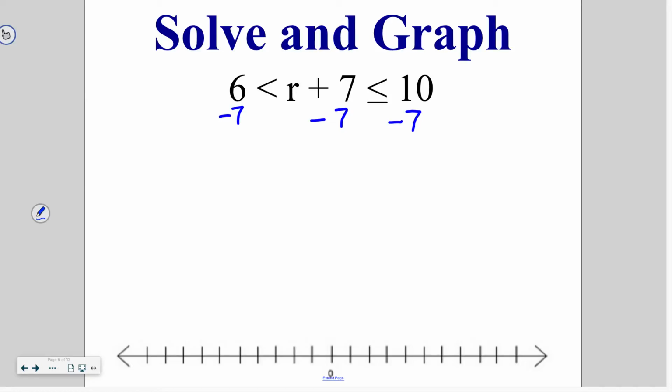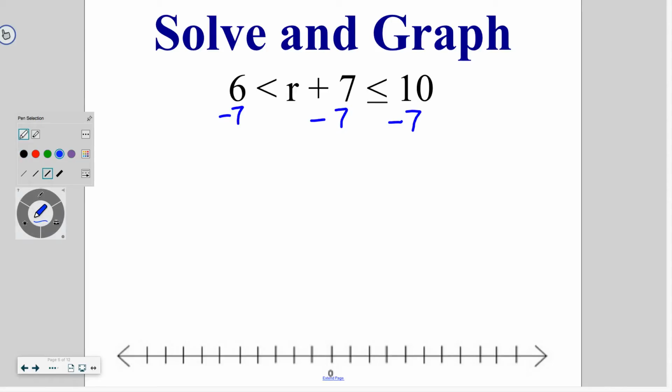You could think about it as breaking the inequality into its two pieces: 6 is less than r plus 7, and r plus 7 is less than or equal to 10. So we could break it into its two pieces and solve, or we can leave it as it's written up top and solve from there, just making sure you take the 7 away from both sides of the equation.